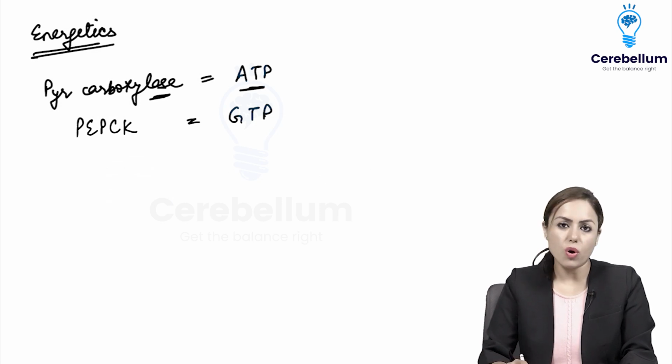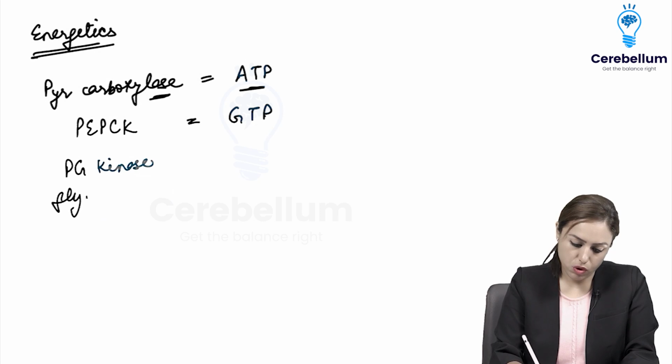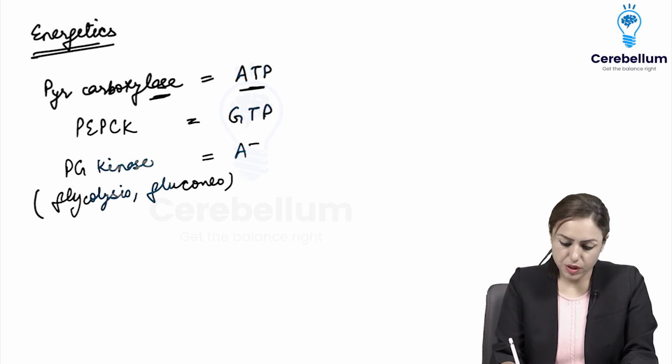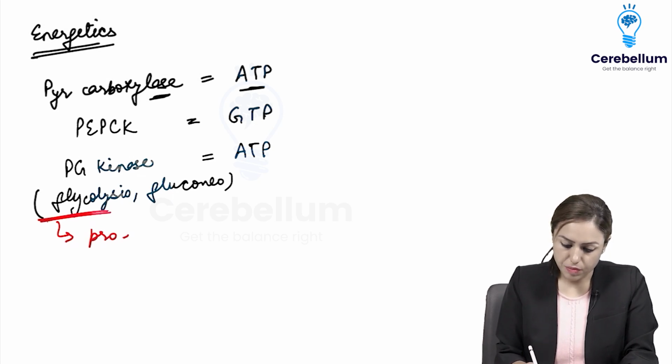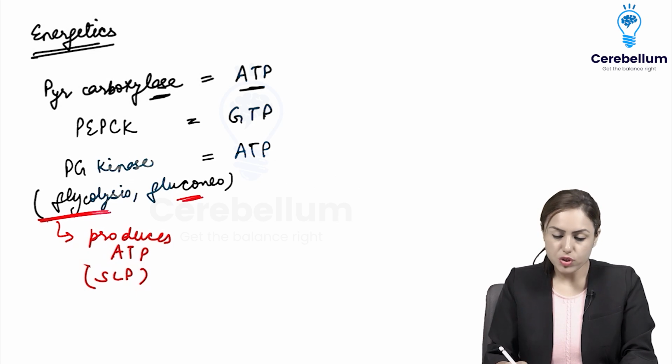Carboxylase uses ATP because all carboxylases use ATP, right? Then there is one enzyme, phosphoglycerate kinase, which is involved in glycolysis also. It is involved in gluconeogenesis also, right? It is the common enzyme. This enzyme uses ATP because in glycolysis this enzyme produces ATP by substrate level phosphorylation. In gluconeogenesis the opposite will happen, ATP will be used.